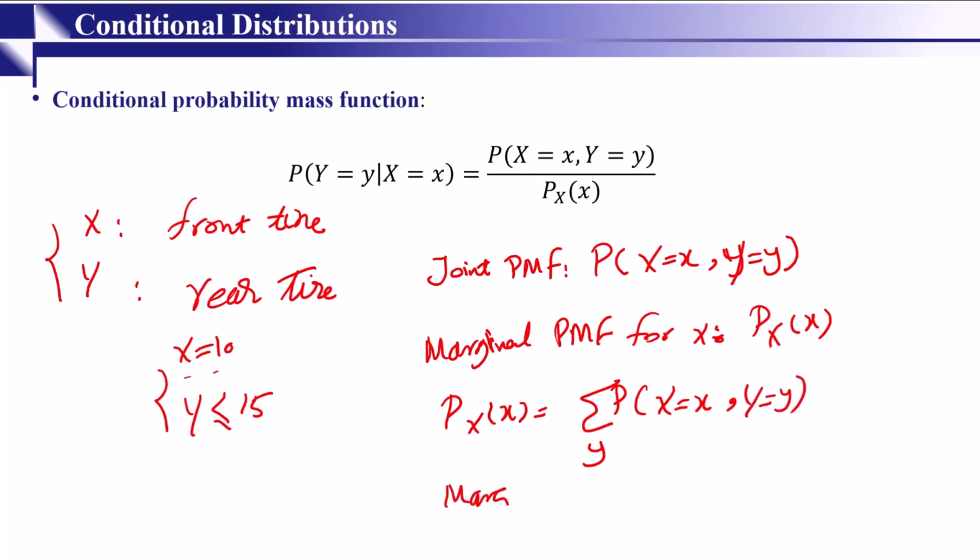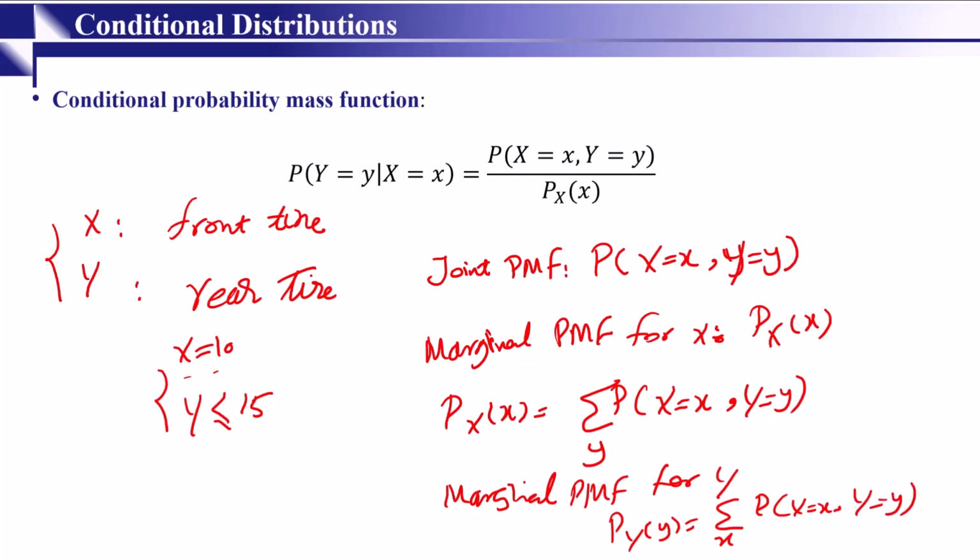And the marginal PMF for Y is equal to the sum over all possible values of x of their joint PMF, right?